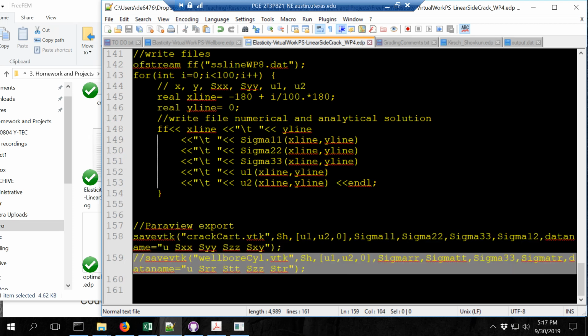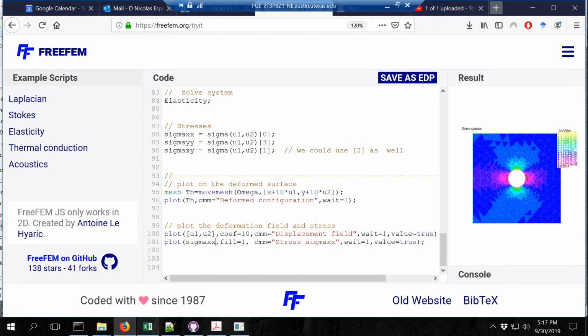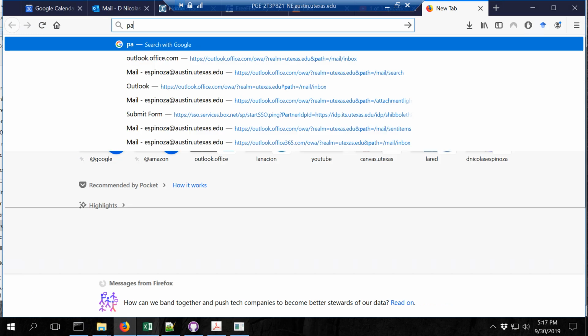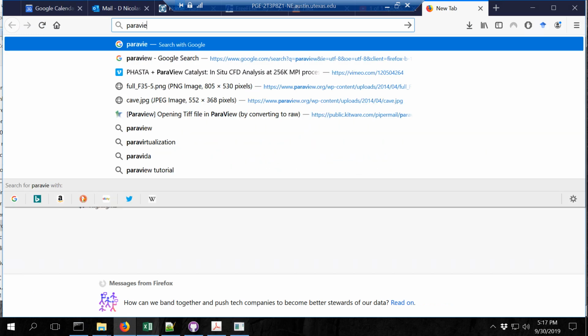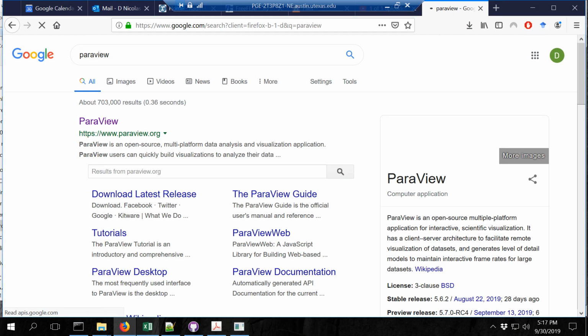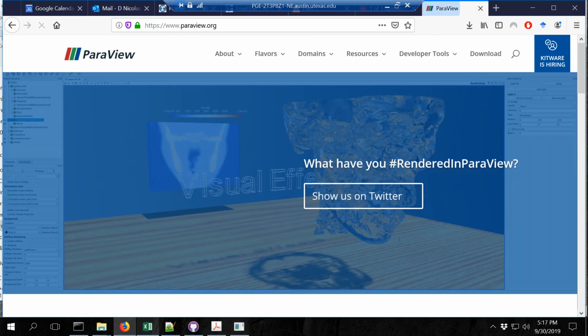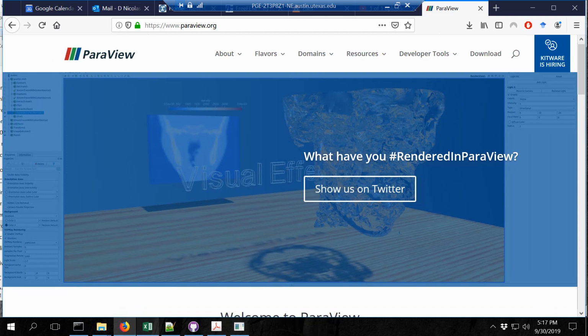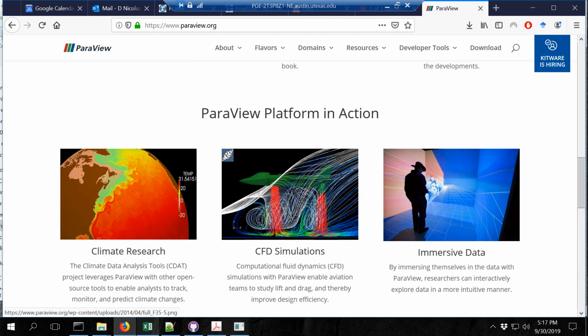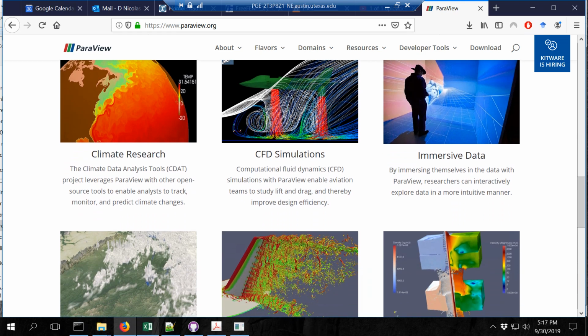After that, you read that file with a software called ParaView, which is a free software used a lot to show data from numerical simulations in 2 or 3 dimensions. Very powerful.